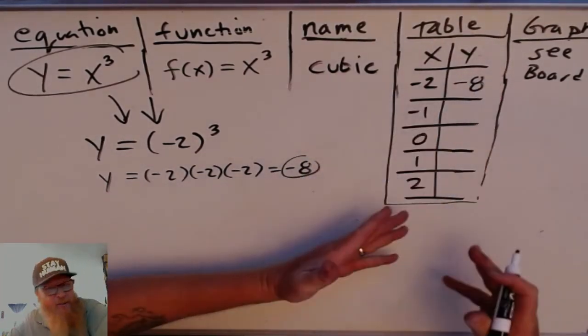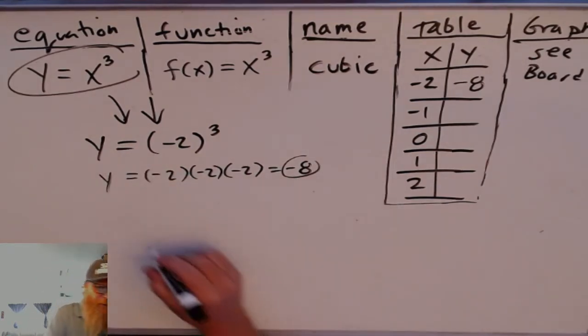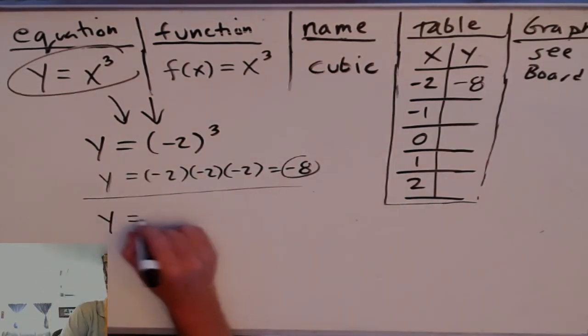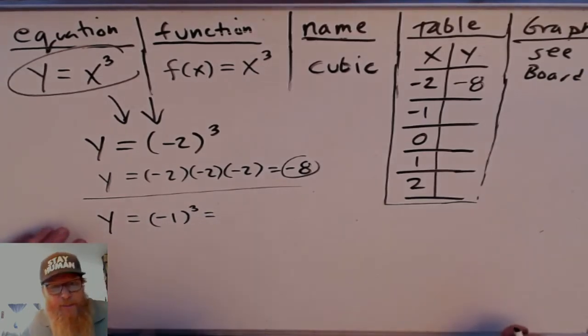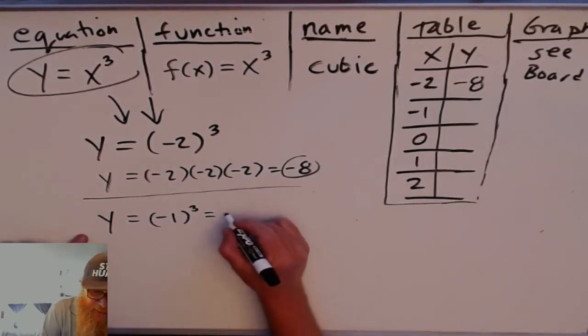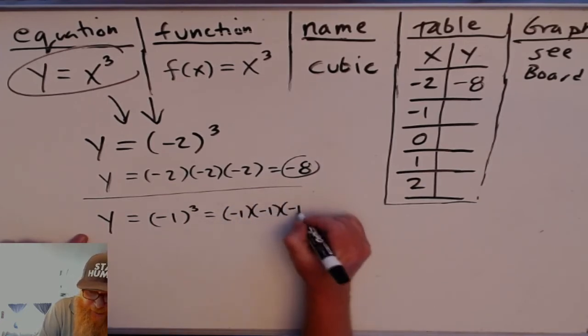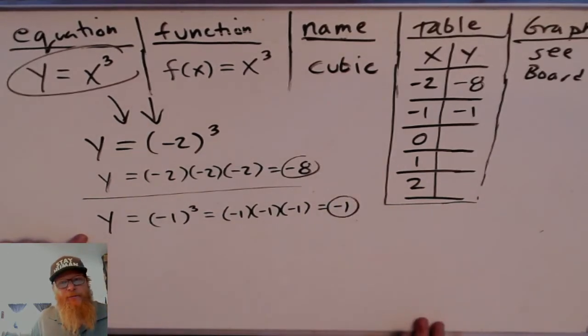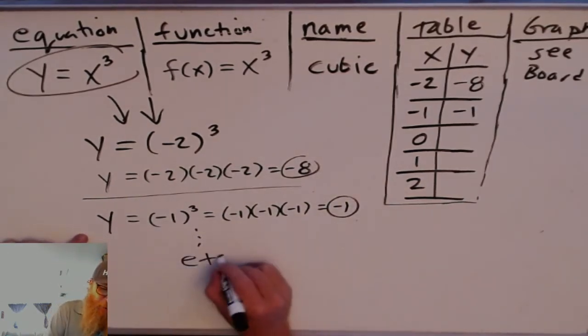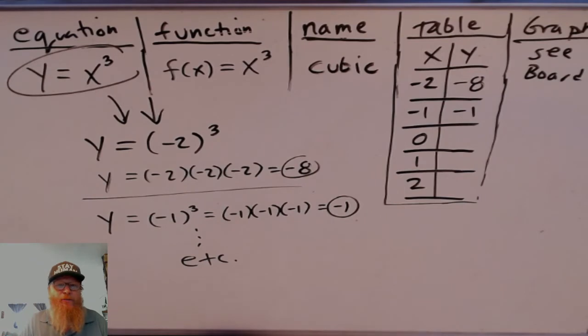If you can do these all in your head, then you don't have to write all this stuff down. I'm just going to do a couple of them out. My general rule is do the negatives. -1 cubed. -1 times -1 times -1. That's -1.